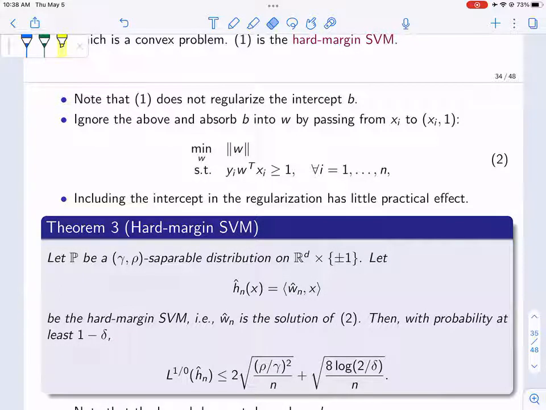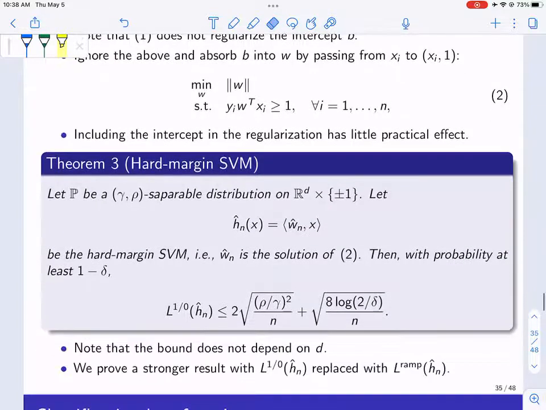So we have this result that if you have a gamma rho separable distribution, and if h hat n is the hard margin classifier, so you can see I removed the sign, and I'm going to redefine the L01 to apply to real valued functions, then the L0 norm of this classifier is bounded by this.